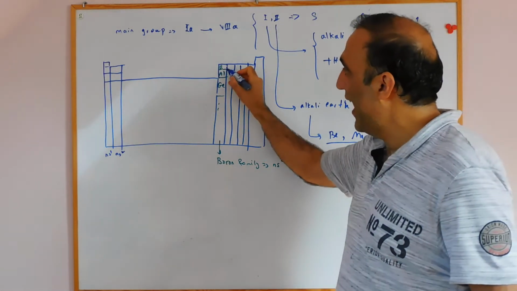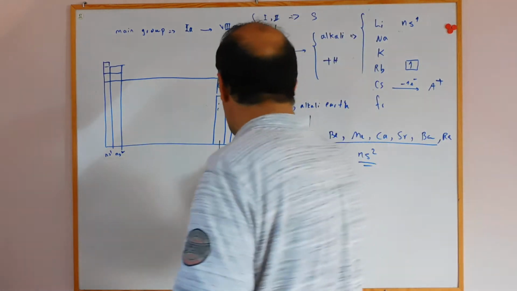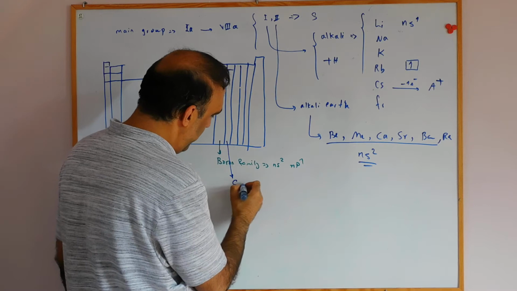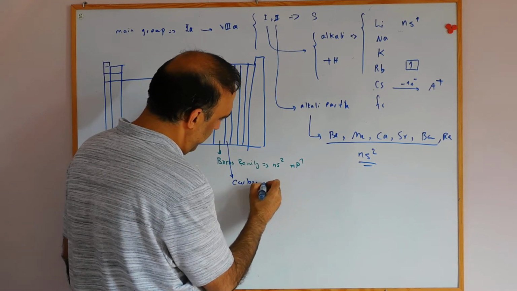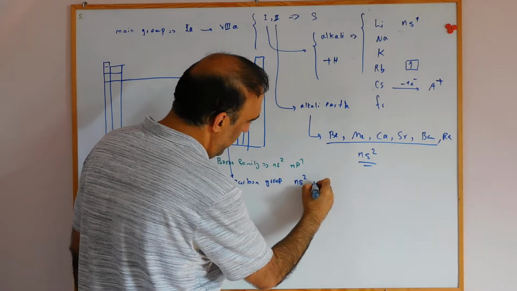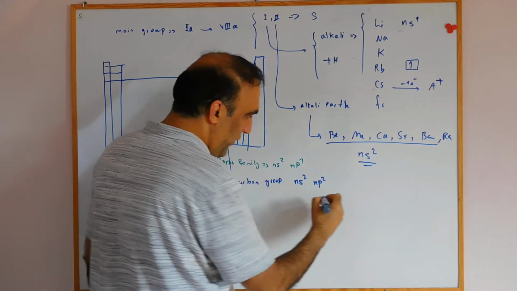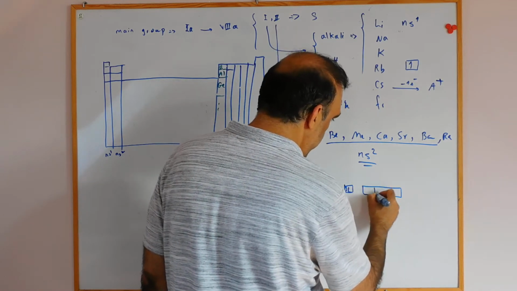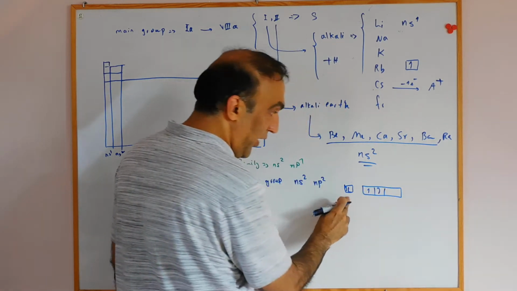The next group is the carbon group. It is very important, for example, for organic chemistry. With ns2 np2 in the ground state, they have 2 electrons in the s and 2 electrons in the p, but it's unstable.